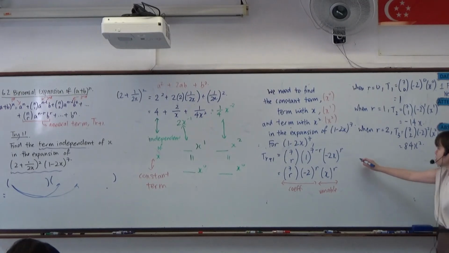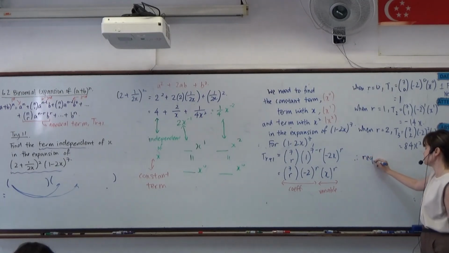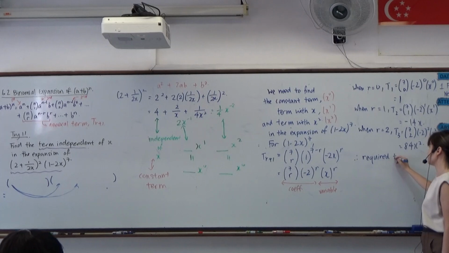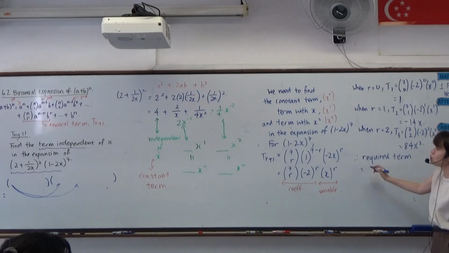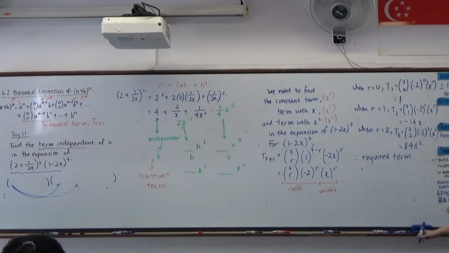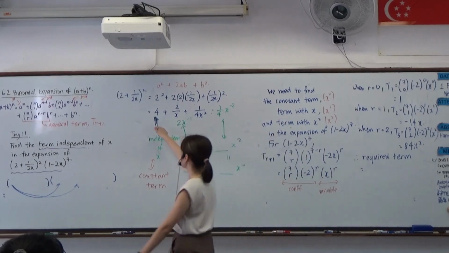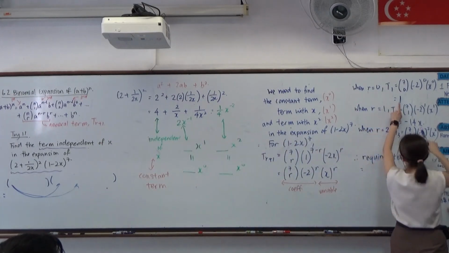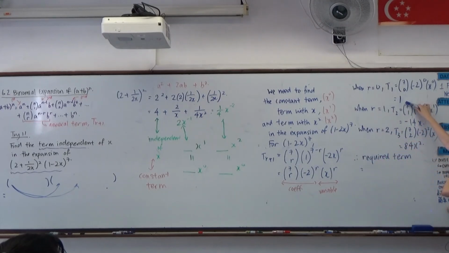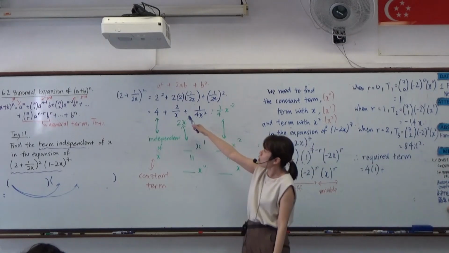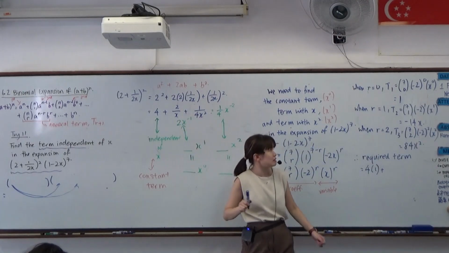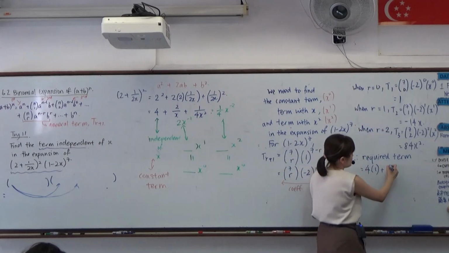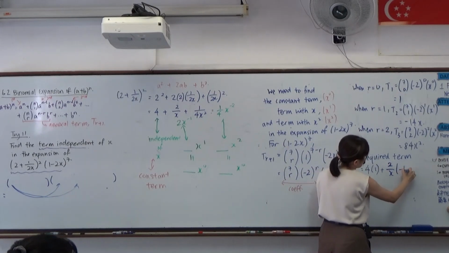So to answer the question now, going back to our rainbow method, our objective was to take 4 to multiply with the independent term, or the term independent of x actually, which is 1. So we want 4 times 1, plus 2 over x is intended to multiply with this one. So 2 over x times negative 14x.